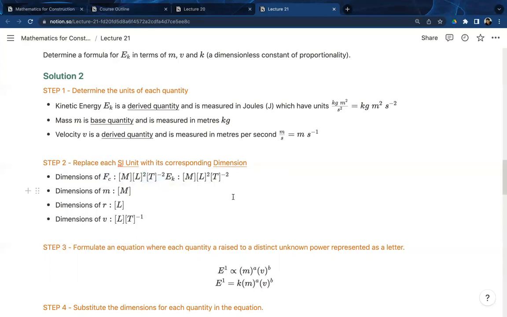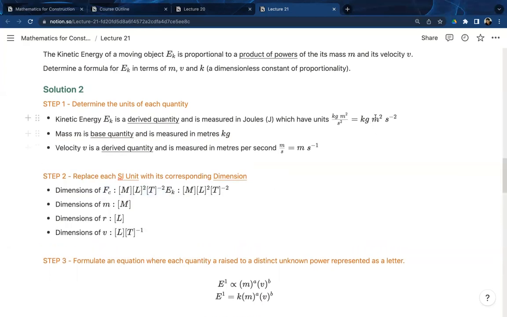We want to convert each of these units here into SI units. So force is kilograms, which is M, and meter squared, so that's L squared.